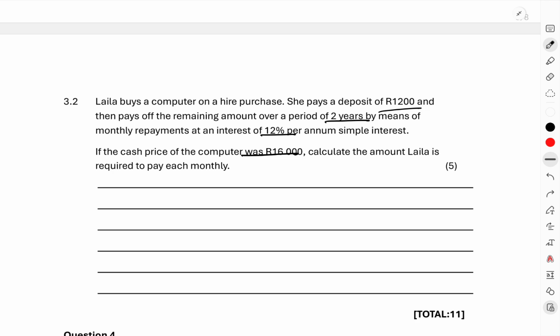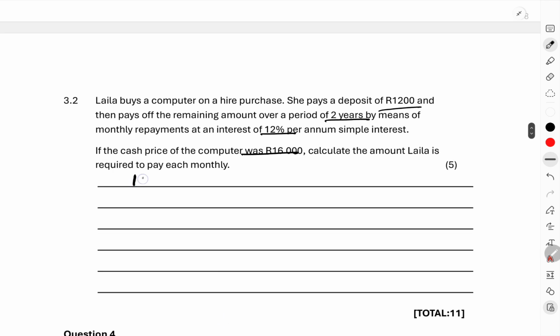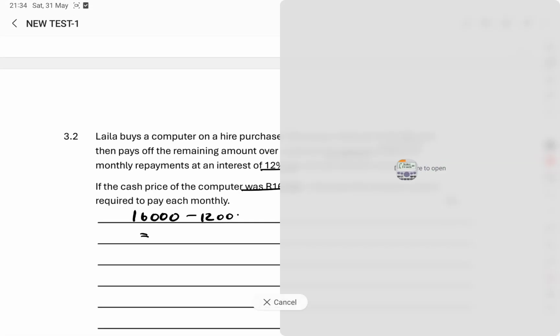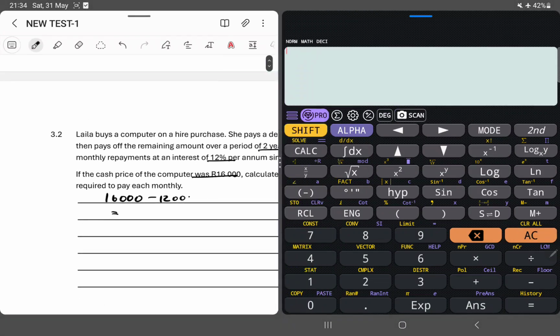So let us try to analyze here. The cost price of the computer is 16,000 rands. How much did she pay? She paid 1,200 rands. How much is left for her to pay? We are going to try and figure that out. So we are going to have 16,000 rands minus 1,200 rands.